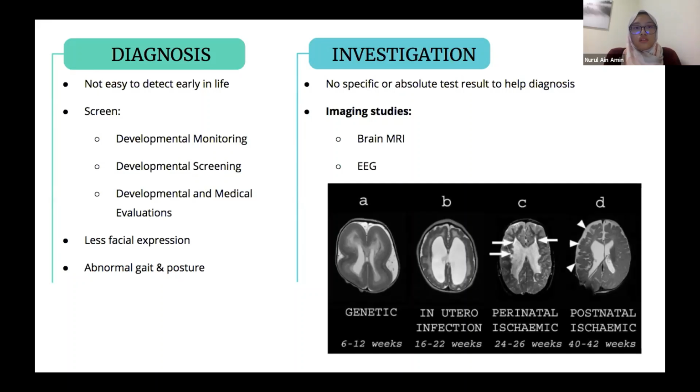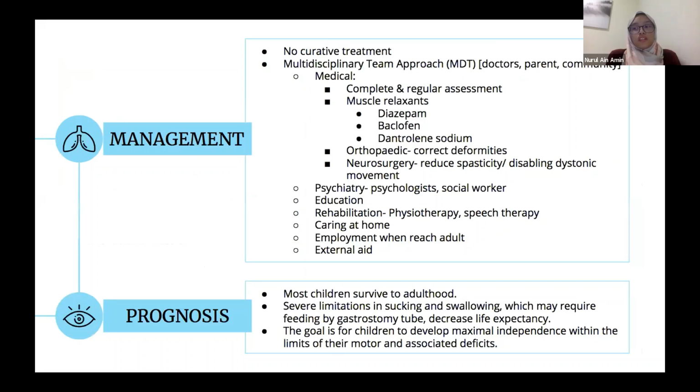Okay. And how to manage? There's no curative treatment. However, we can try to improve the lives of the patient diagnosed with CP. So usually we go through the MDT, the multidisciplinary team approach, where you have many people in the community, such as the doctors and the parents, to help improve the lives of these patients.